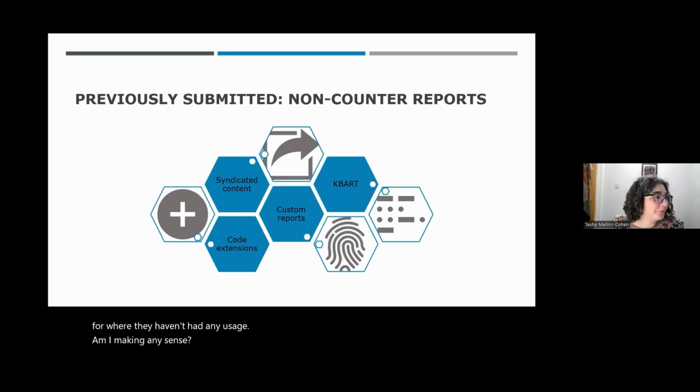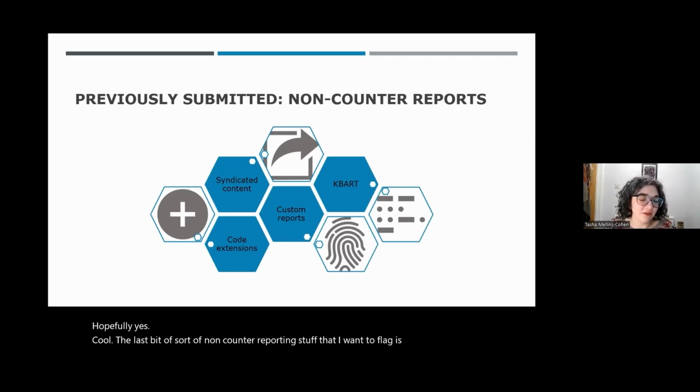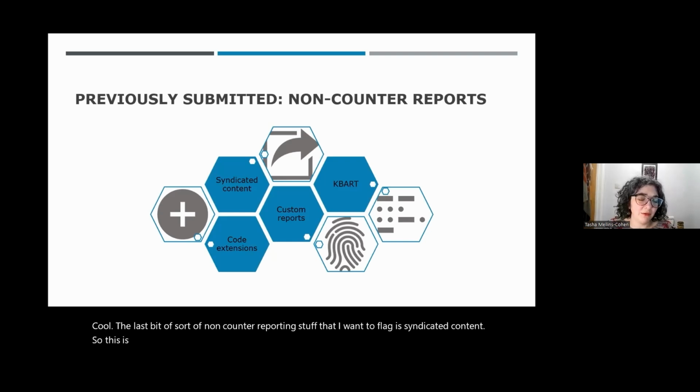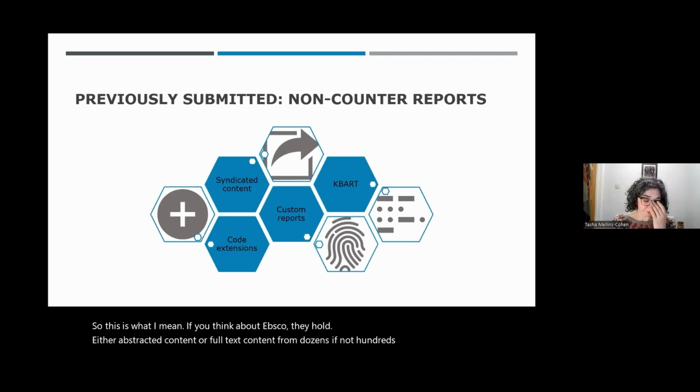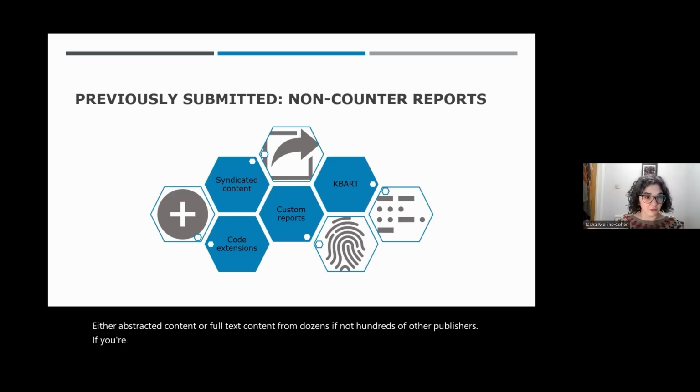Hopefully, yes. Cool. The last bit of sort of non-Counter reporty stuff that I want to flag is syndicated content. So this is what I mean when if you think about EBSCO, they hold either abstracted content or full text content from dozens, if not hundreds, of other publishers. If you're using the content on the EBSCOhost platform, great.